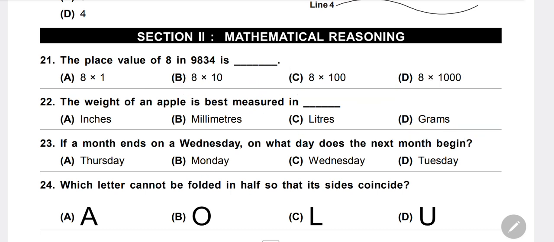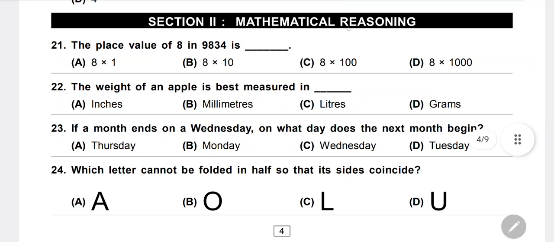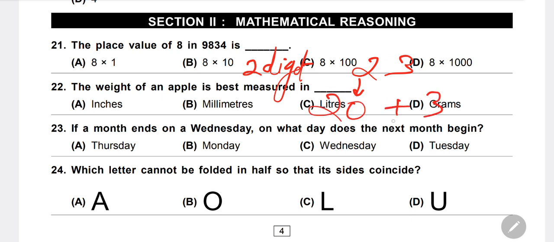Now two digit numbers. A two digit number basically has two digits. Suppose 23. So 23 has 2 and 3 both. We can write 23 as 20 plus 3. This is the unit place, or one's place, and this is the ten's place.